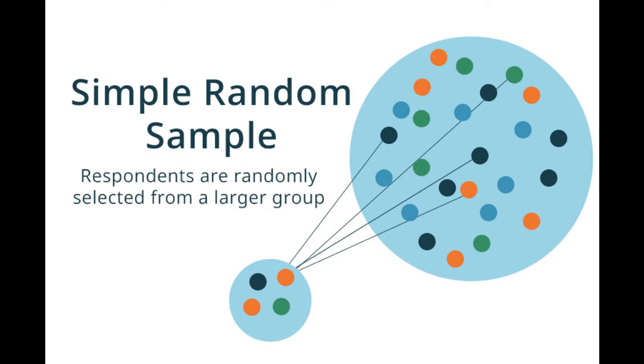For example, you want to select a simple random sample of 100 employees of a certain institution. You assign a number to every employee in that institution's database from 1 to 1000 and use a random number generator, or you can use the lottery method, to select the 100 numbers. So that's an example of simple random sampling.